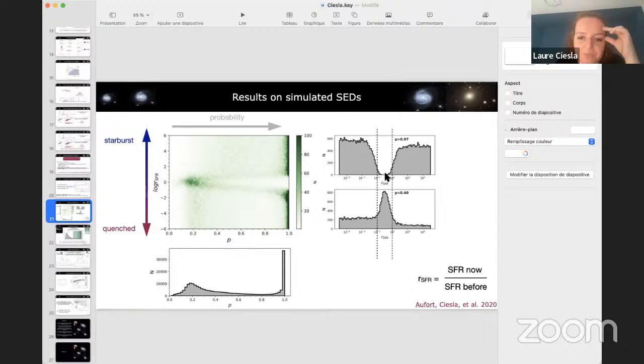Something typical, a factor of 2, or quenching that just divides the star formation rate by 2, is too subtle for the method to pinpoint. And I think this is causing the error that you see, in addition to the different attenuation and other parameters that are playing a role in the galaxy SED.